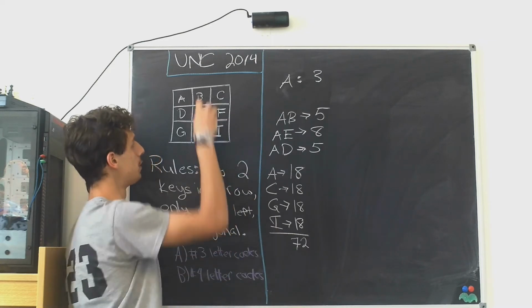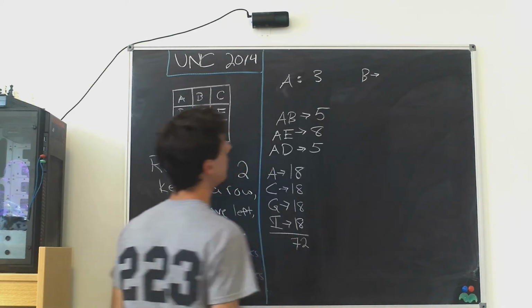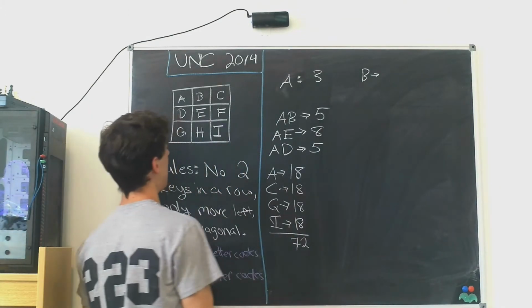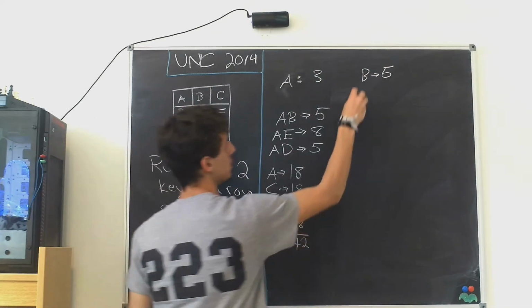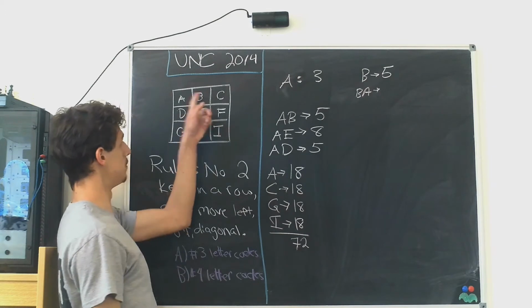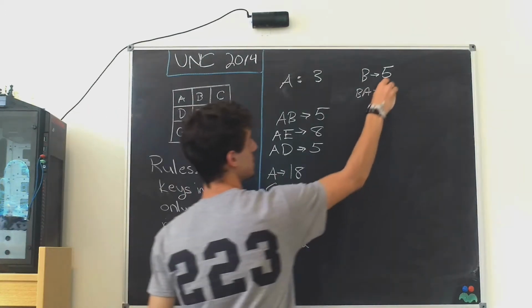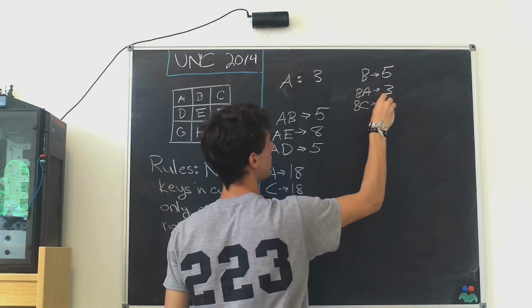Now let's check if we start in the middle. So we'll take B as our example here. If we start with B, that means we have 5 different combinations after B. So if we go BA, we have 3 different combinations to end that off. Same with BC because C is also in the corner.